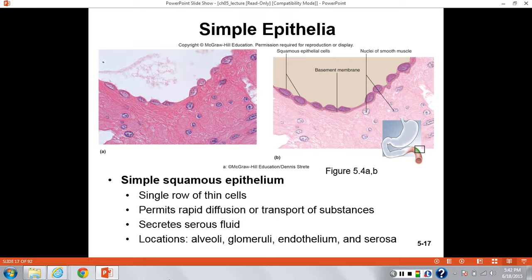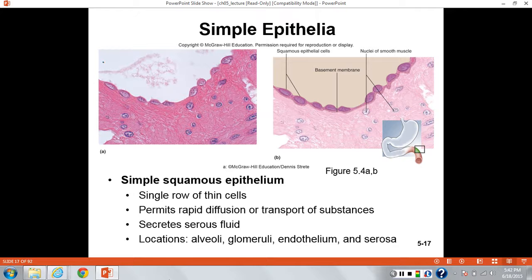Alright, this is a picture, a histological view of simple epithelial cells. You see a single row of them. Alright, they allow rapid diffusion. So that means things can move from an area of higher concentration to an area of lower concentration. They can secrete fluid. So where do we find them?